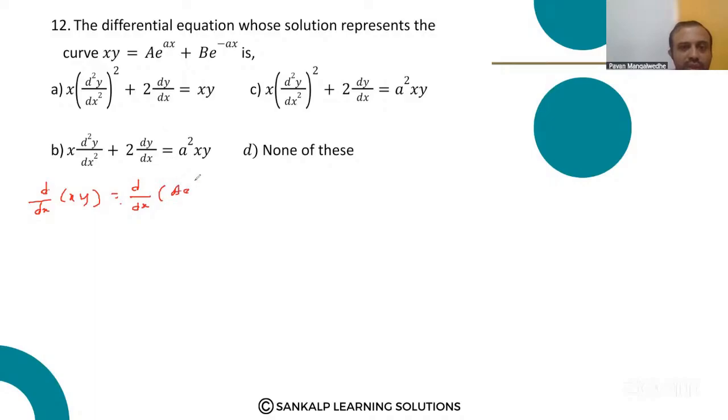So it can be written as x into dy by dx plus y into d by dx of x, which is 1, that is y into 1, equal to a into e raised to ax plus b into minus a e raised to minus ax.